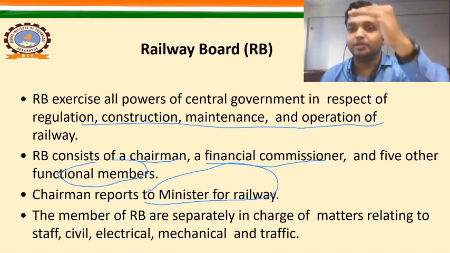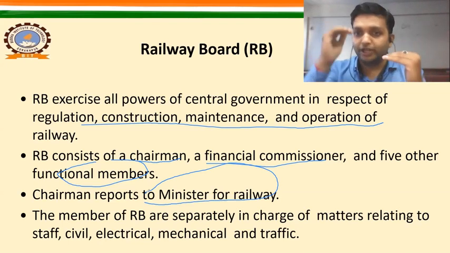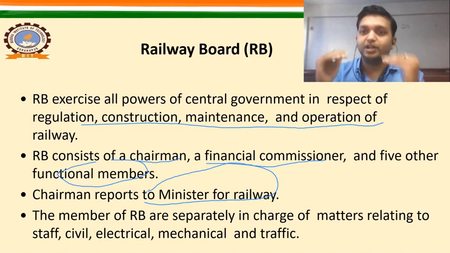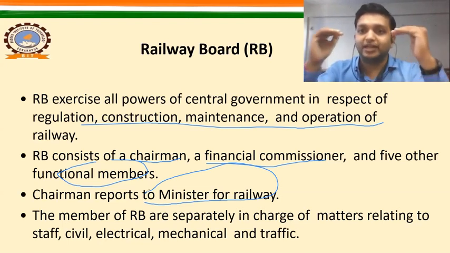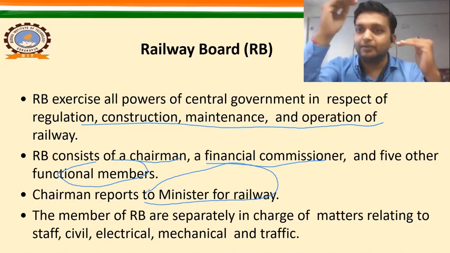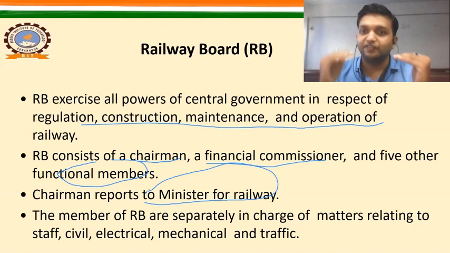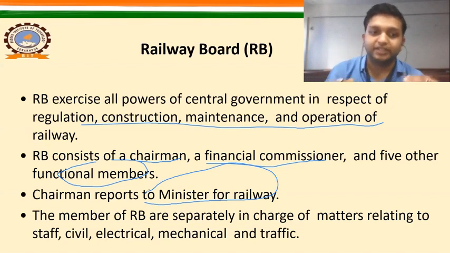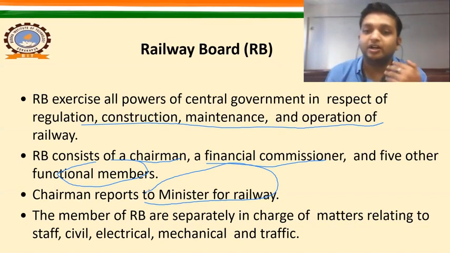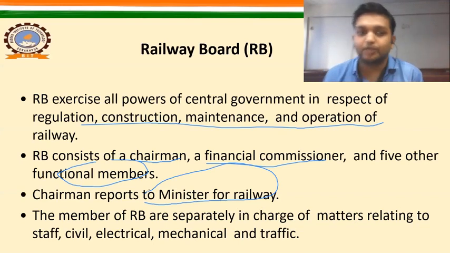Below him is the chairman, below him the financial commissioner, and below him the 5 other functional members. So it is made like this: railway minister, chairman, financial commissioner, then 5 other functional members. The matters relating to these board members are staff, civil, electrical, mechanical, and traffic.